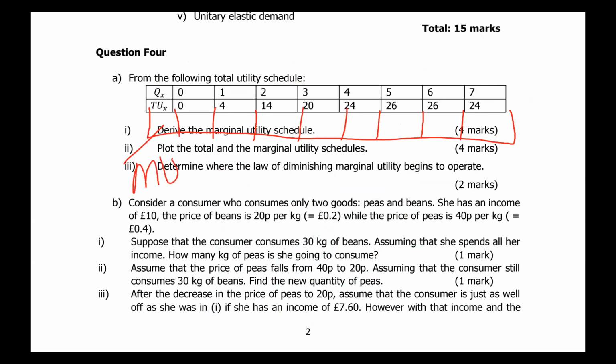Marginal utility and total utility are equal at the first unit, so you have 0. What is the next point?